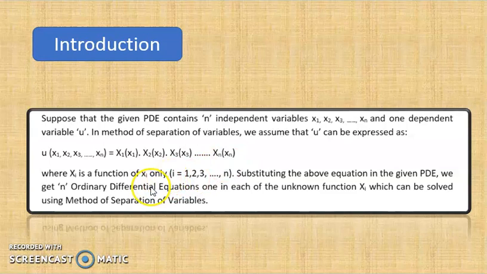That is, we write the dependent variable u as the product of n functions capital X1, capital X2, etc., capital Xn. Substituting the above equation in the given PDE, we get n ordinary differential equations, one in each of the unknown function Xi, which can be solved using method of separation of variables.